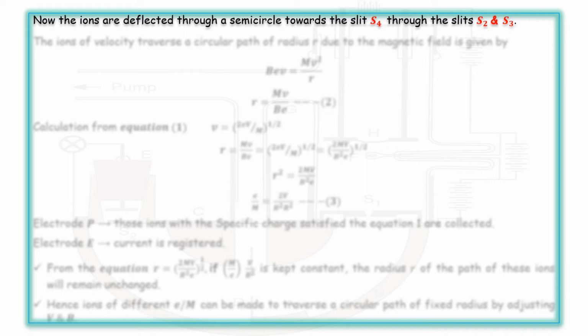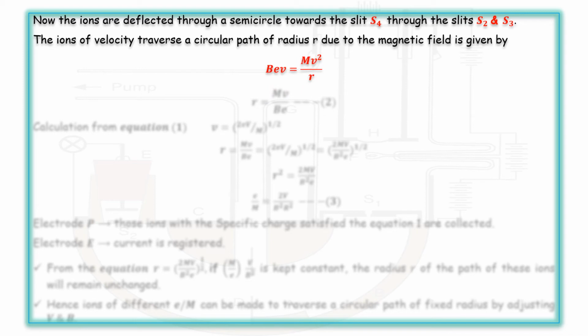So once the magnetic field is applied to the positive ions, the ions get deflected through a semicircular path towards the slit S4 through the slits S2 and S3. Once the ions traverse a circular path due to the magnetic field, it attains a radius r.